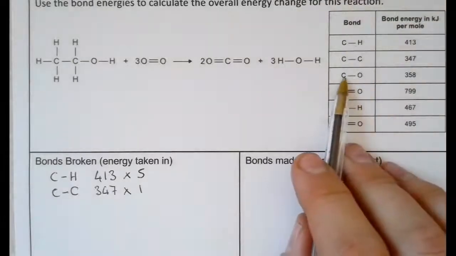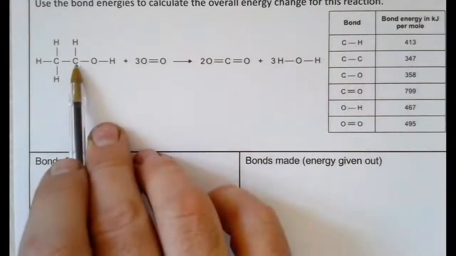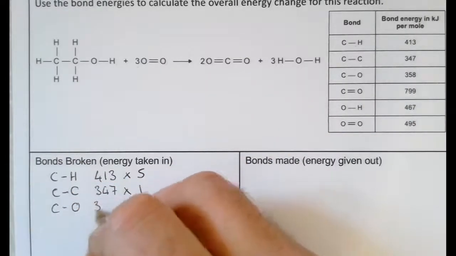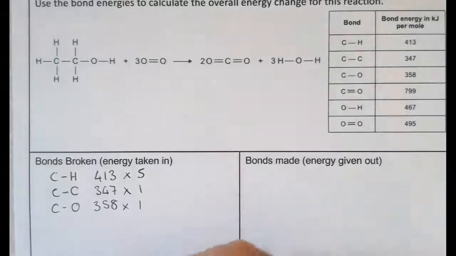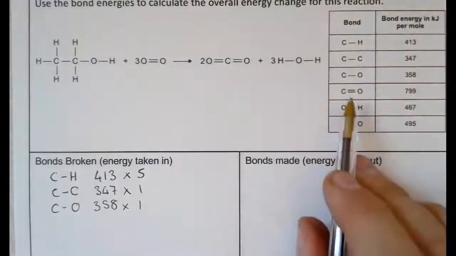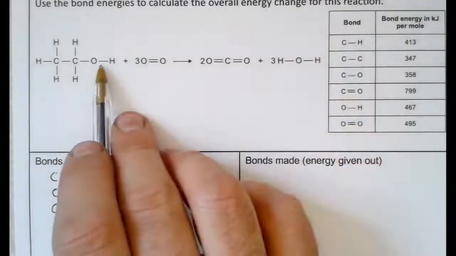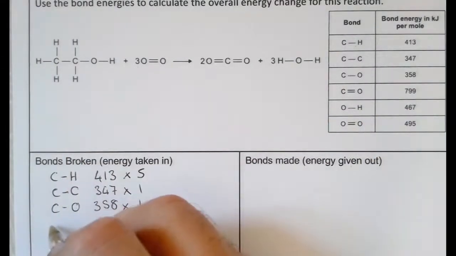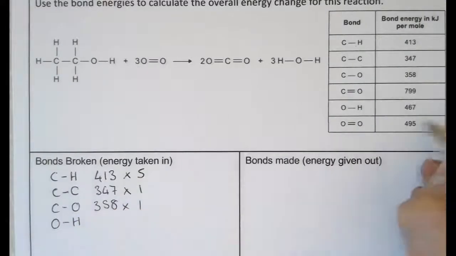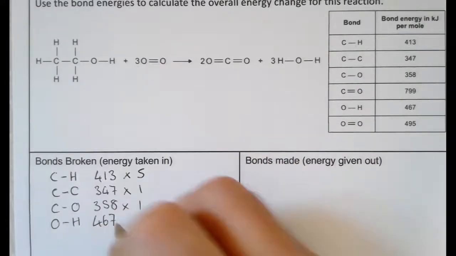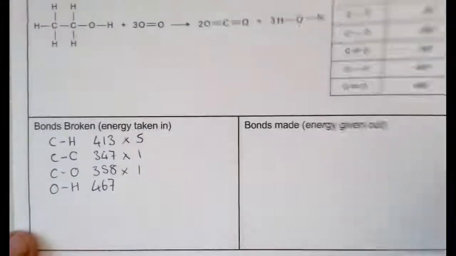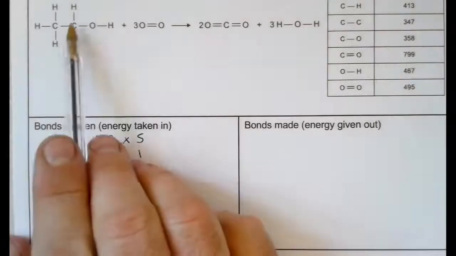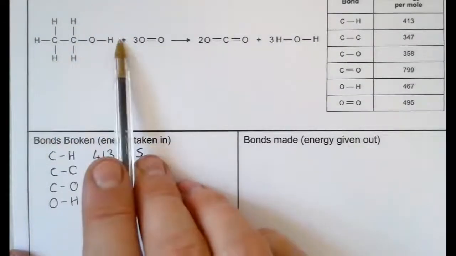The next on the list is the C-O bond, and I've got 1 of those as well. 358 times 1. Next, I'm going to go for the O-H bond because I haven't done it yet. That is 467 kilojoules, and I've got 1 of those as well. So that's every bond from our ethanol, from the first molecule.